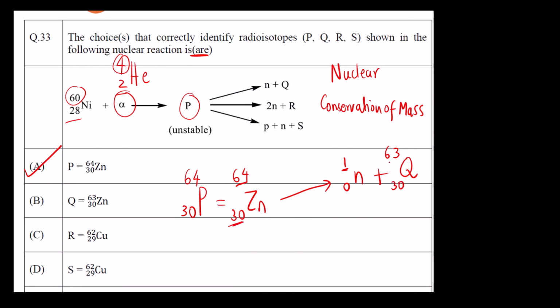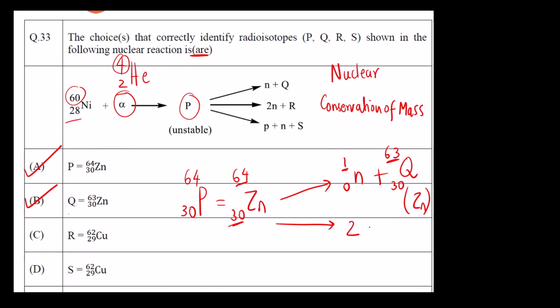So for Q the mass number is 63, which is correct, and the atomic number is 30, that is also correct. This is which element? Zinc.